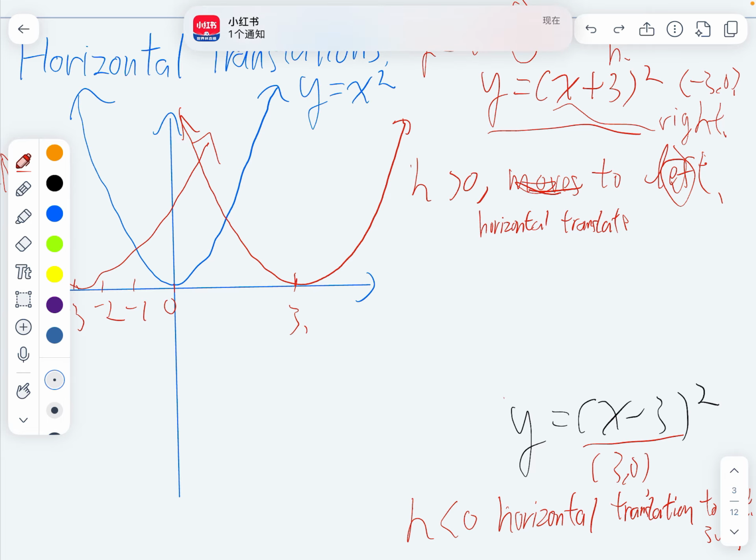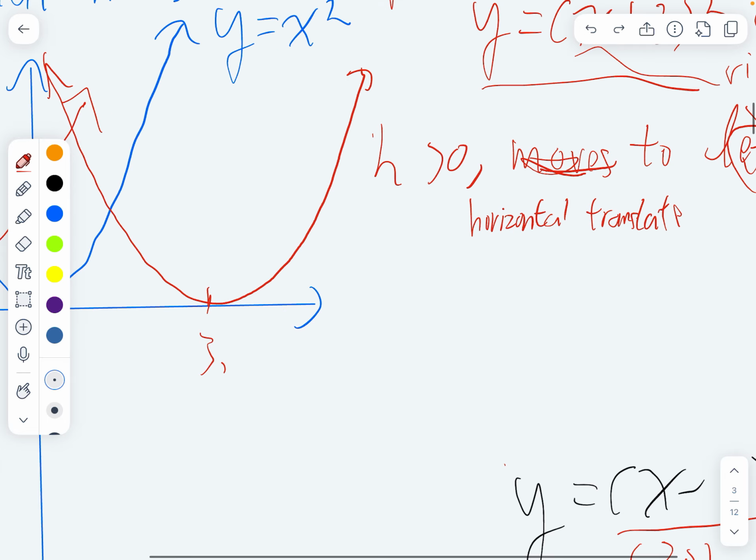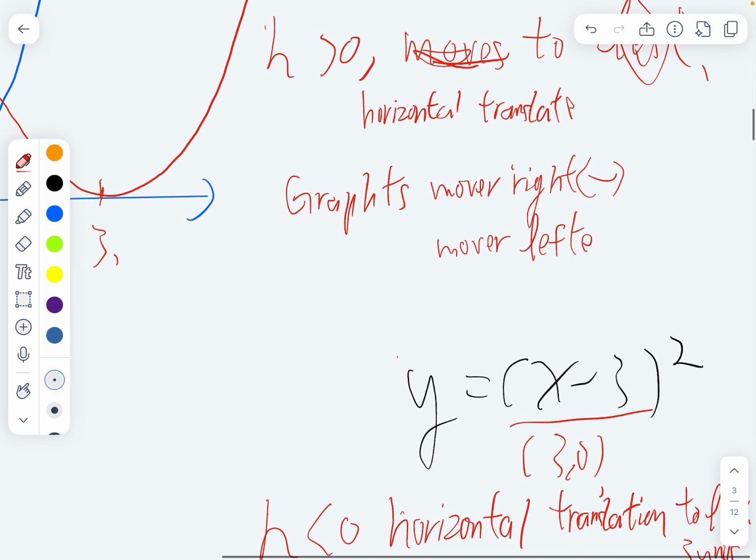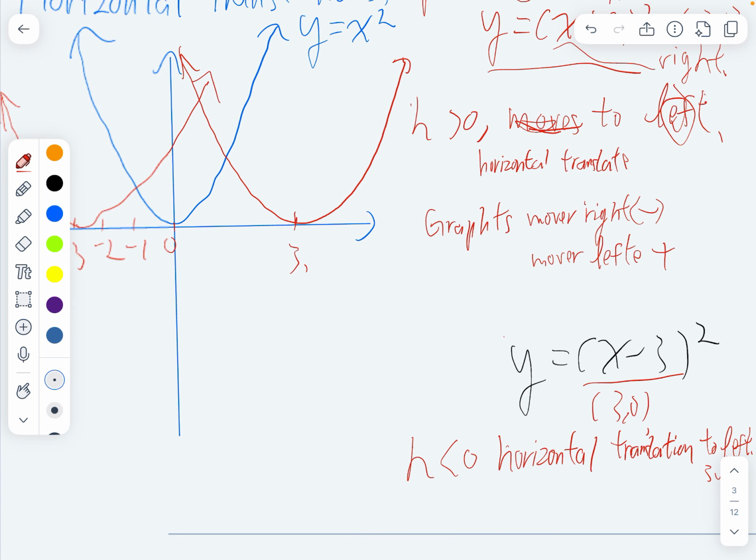We can also say that if the graph moves right, h must be positive; if it moves to the left, h is negative.